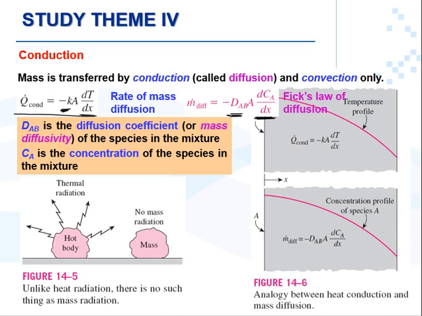How about conduction? A constant multiplied by surface area multiplied by temperature gradient. So it looks like there is a very good analogy between conduction heat transfer and Fourier's law, and mass diffusion and Fick's law of diffusion. Okay, so we talked about conduction. How about convection?